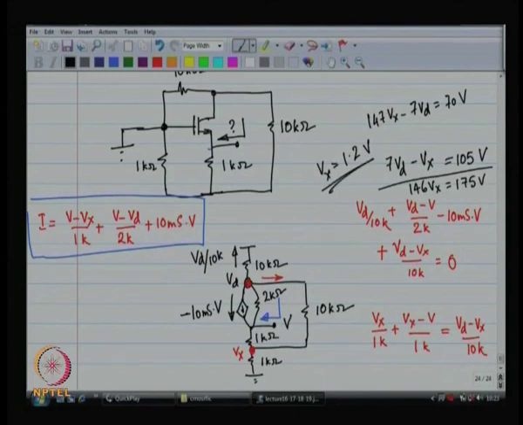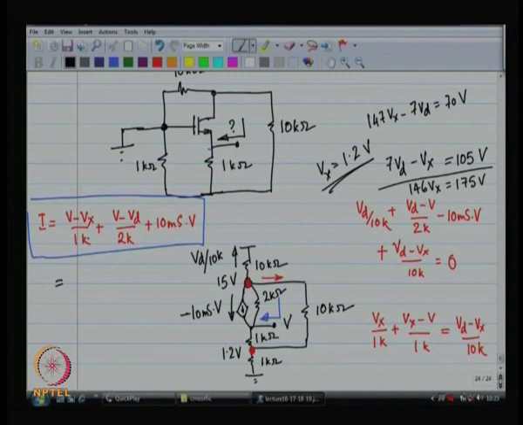Okay. And the next one, Vd, I can get from Vx. So, 7 times Vd minus 1.2V. So, Vd is about 15 times V. Right, and then I plug in all these numbers over here.